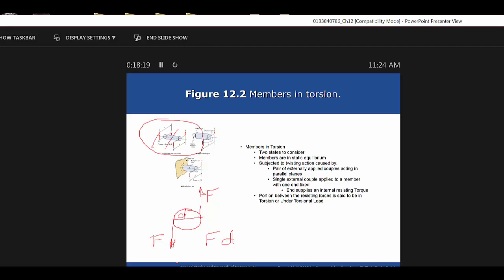Okay, so expressed in pounds inches, pounds feet, Newton meters. If we were converting pound inches to pound feet, keep in mind that is pounds times inches, right?